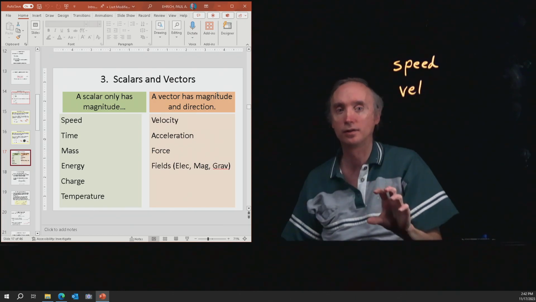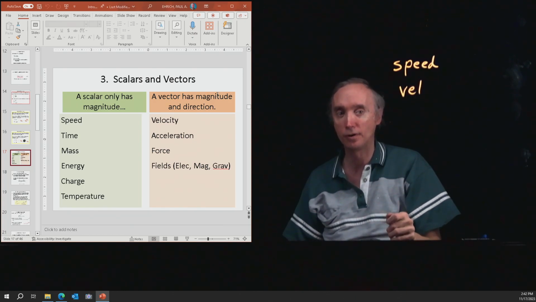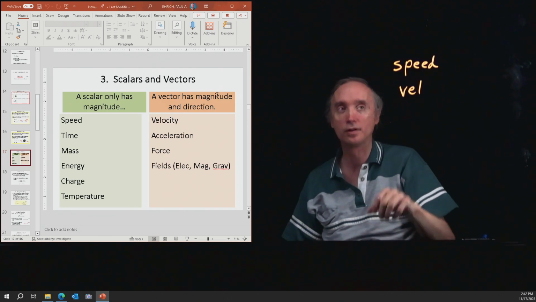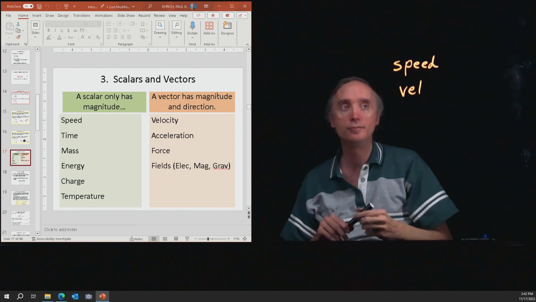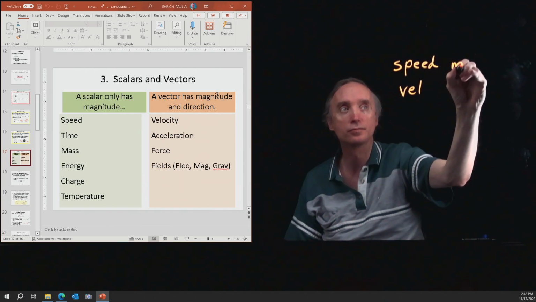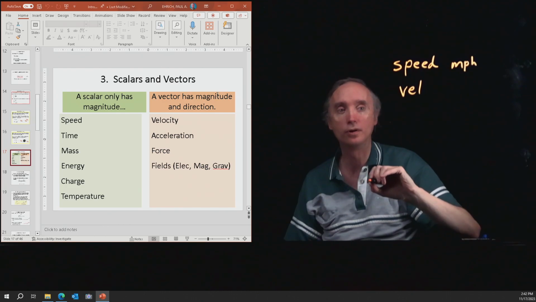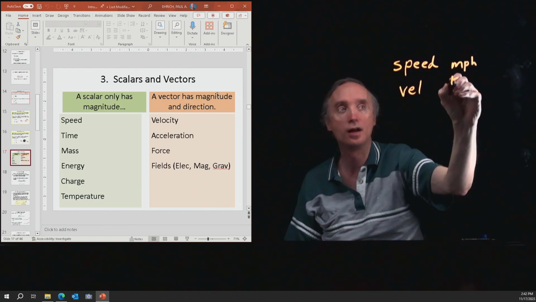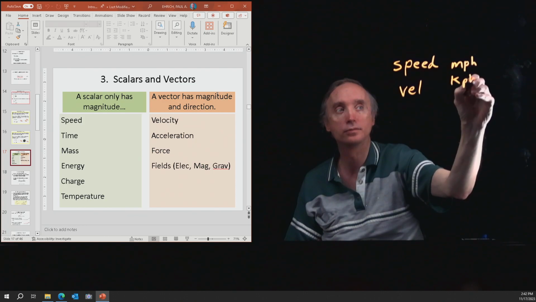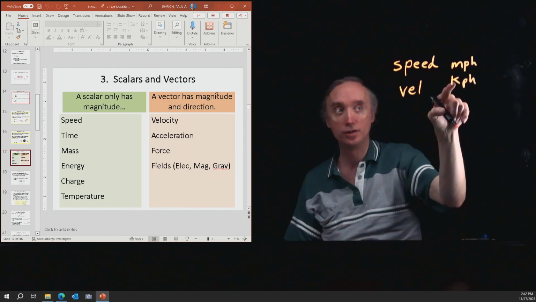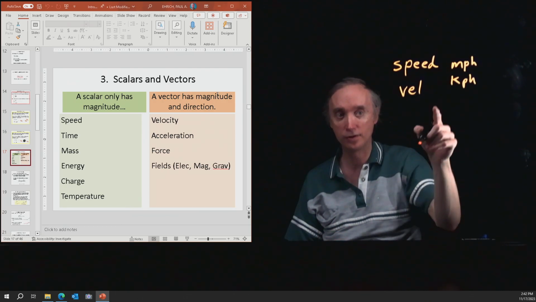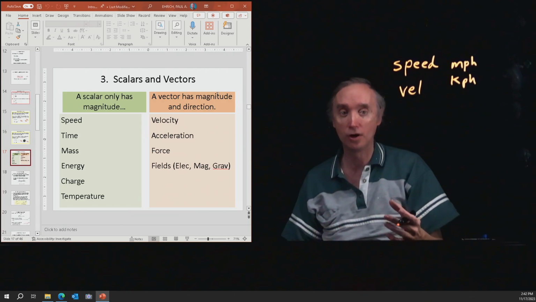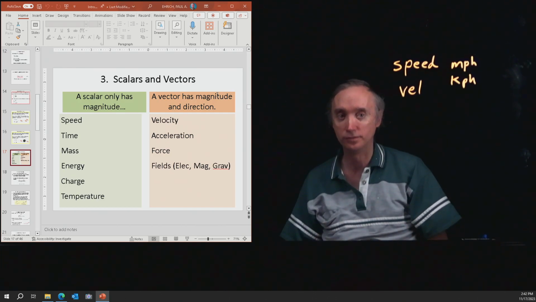A scalar only has a number associated with it. For example, the speedometer on your car might be in miles per hour, or it might be in kilometers per hour. If you look on the speedometer of your car, it tells you how fast you're going, but it doesn't tell you what direction you're going in.